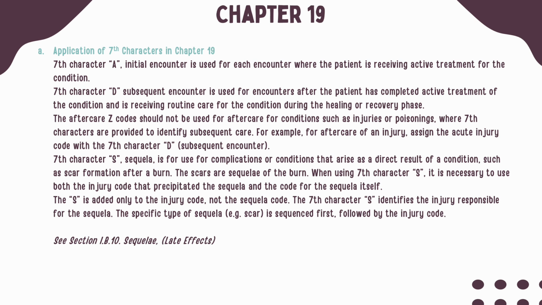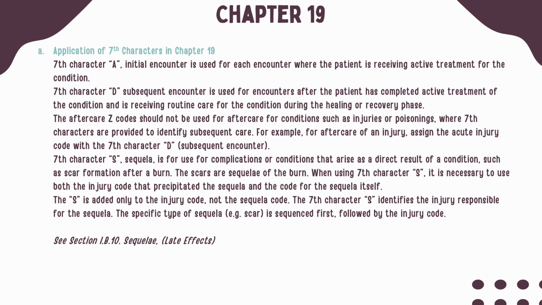Remember, A equals active treatment. 7th character D should be assigned for encounters after the patient has completed active treatment and they are receiving routine care for the condition during the healing or recovery phase. This can also happen for multiple visits. It's important to remember that this is not for use when the patient is receiving active treatment for the injury.